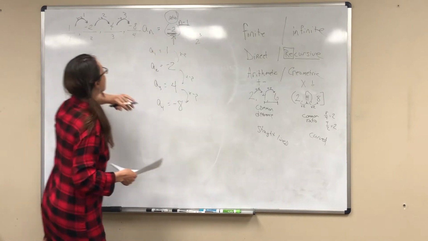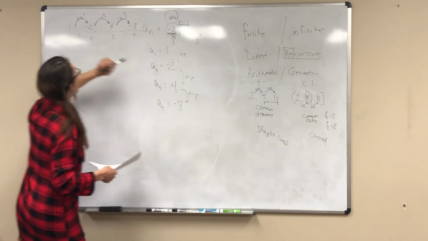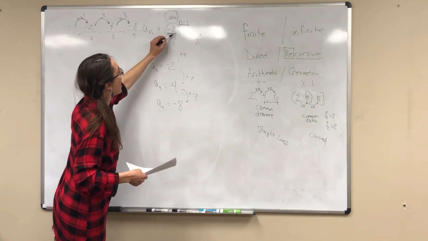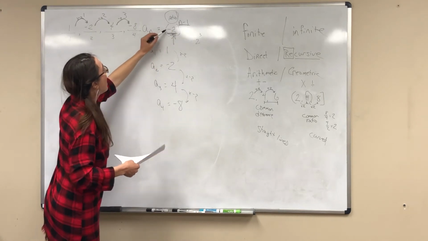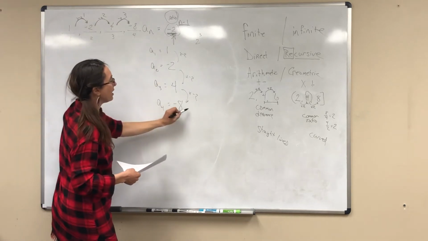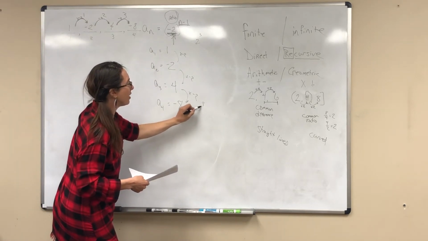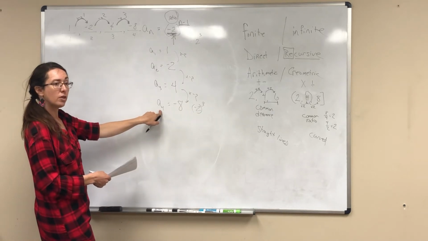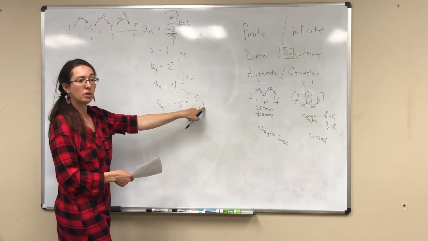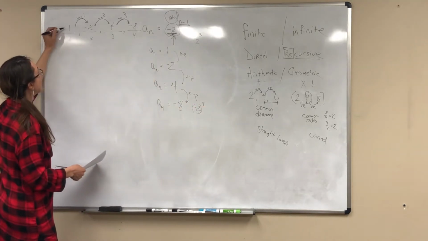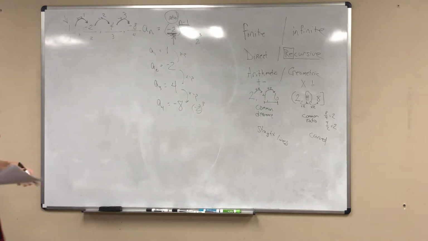So when we look at our formula, this exponent tells me how many jumps I'm making. I'm going negative 2 to the third, so on my 4th term I jumped 3 times from the starting place.